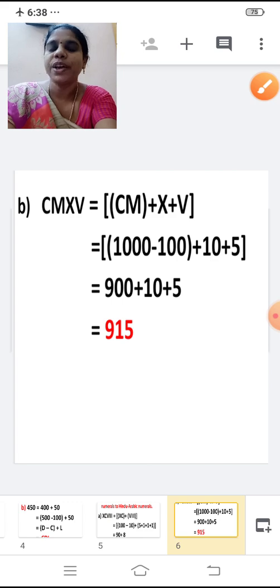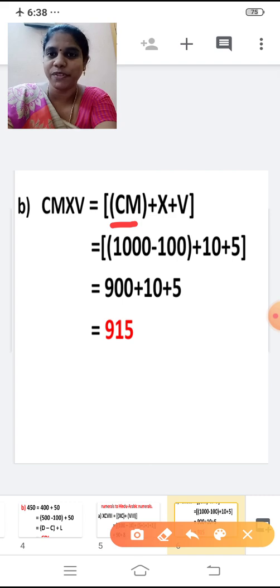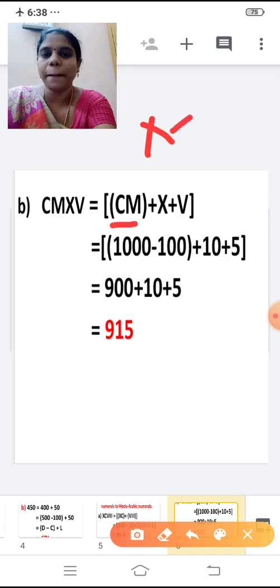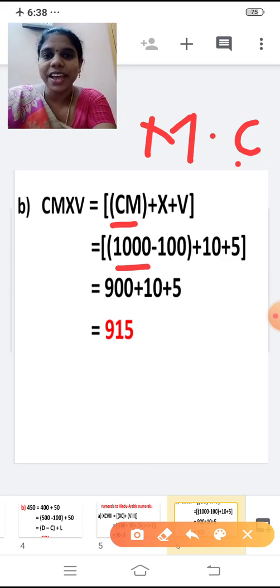So X plus V. What is now CM? What do you have to do if the smaller symbol is placed before the larger one? Going to subtract, right? So M minus C. What is the value for M? 1000. Very good. Minus, what is the value for C? 100.